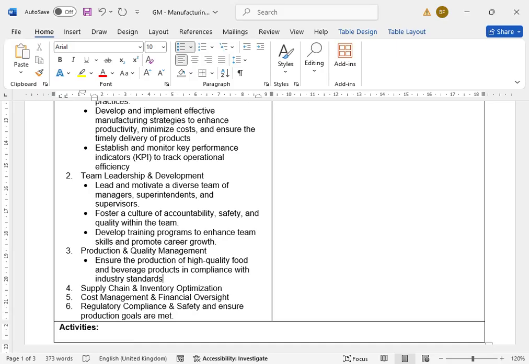That's why it's very important that you have certification from some regulatory bodies so that you are able to maintain industry standards, including these regulatory bodies: FDA, Food and Drug Administration, and HACCP.